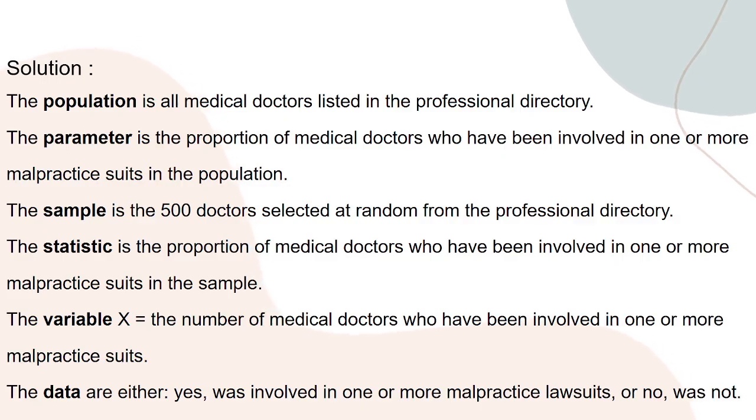The statistic is the proportion of medical doctors who have been involved in one or more malpractice suits in the sample. The variable is the number of medical doctors who have been involved in one or more malpractice suits. The data are either yes, was involved in one or more malpractice lawsuit, or no, was not.